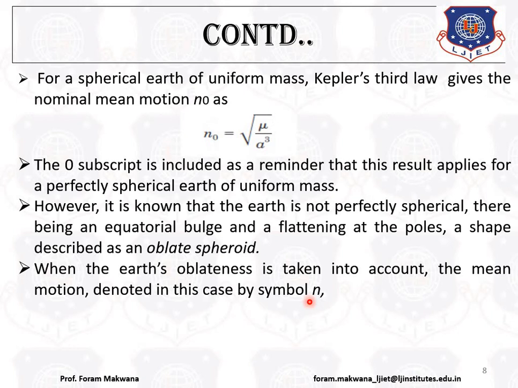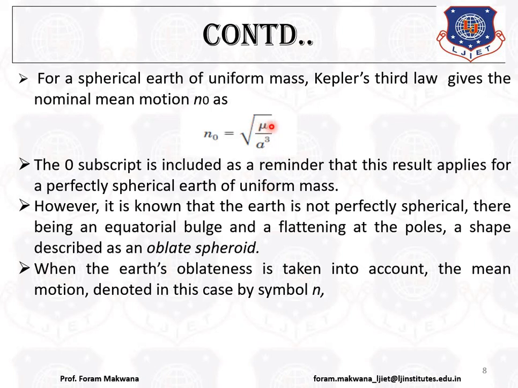So, according to Kepler's third law, for a spherical Earth of uniform mass, the mean motion is calculated as n0 equals square root of mu upon a cubed. Over here 0 represents the perfectly spherical earth having uniform mass.